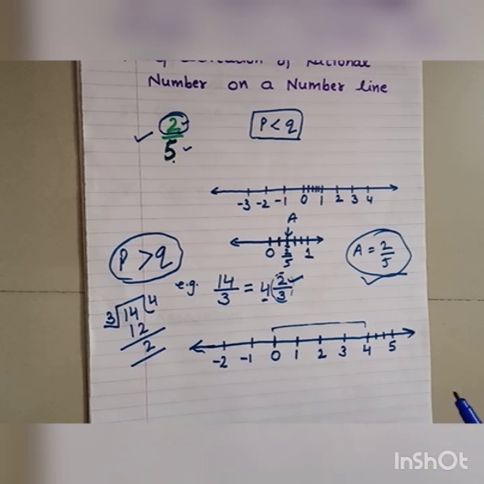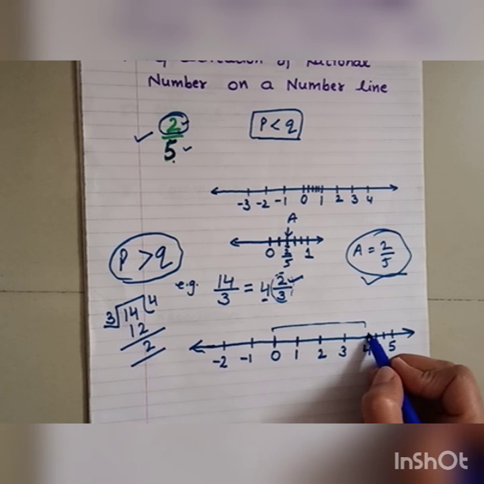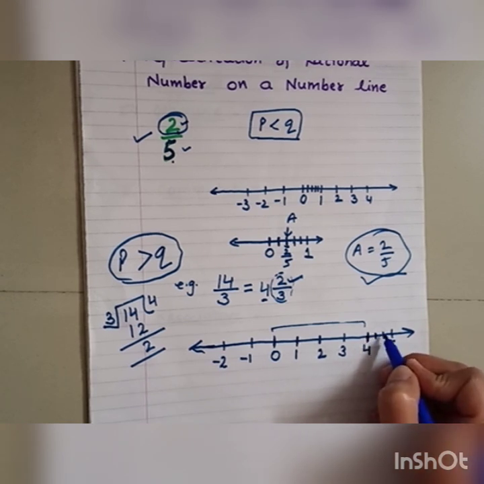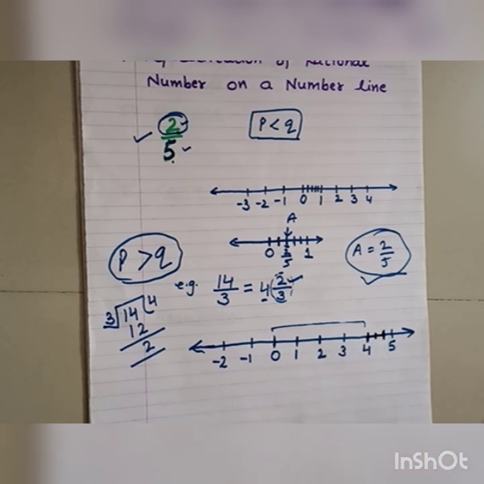Now count the second part. The second part is like this, same, 4, 1, 2. The second part is this, which means you can count like this: one part, and this is the second part, and this point.